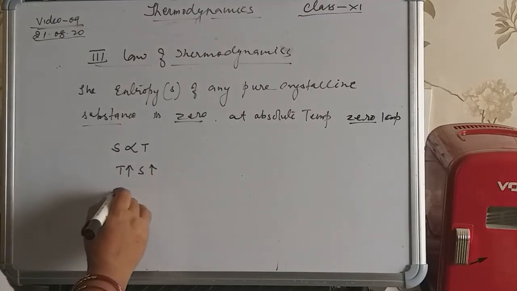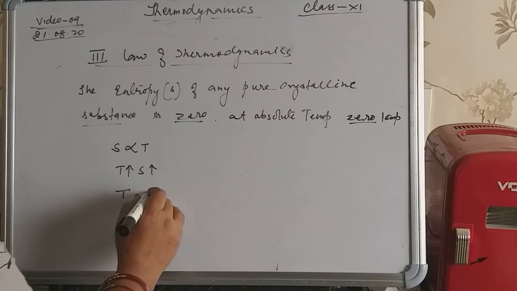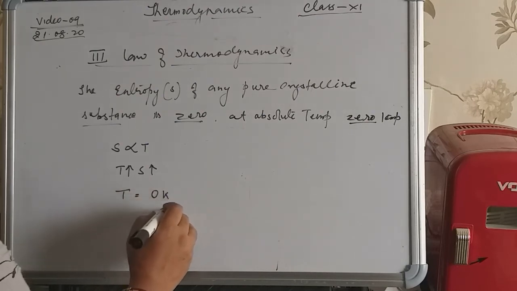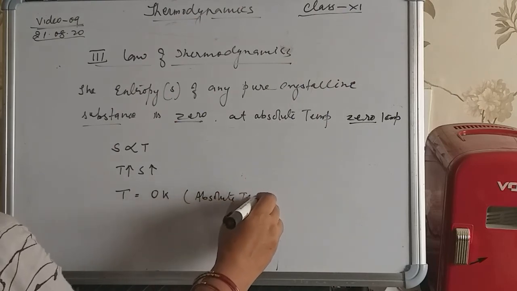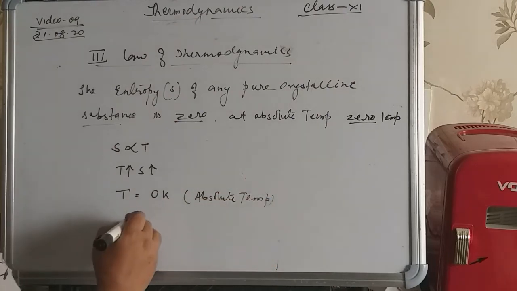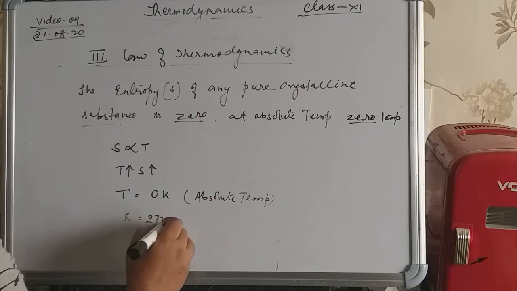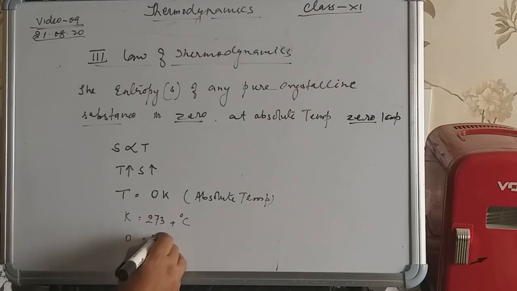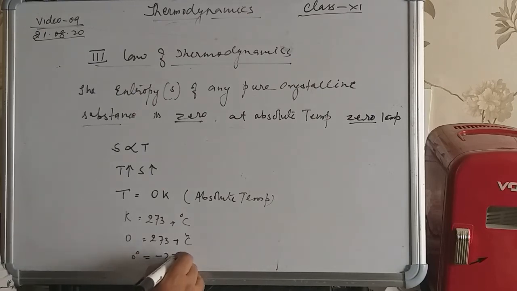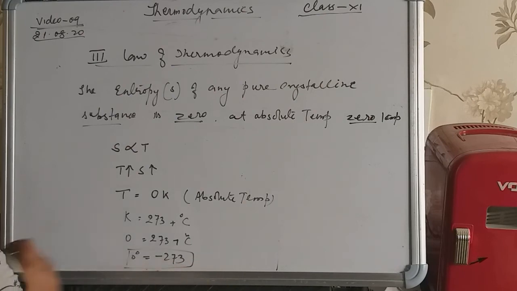In that condition, we should take temperature 0 Kelvin. It is called the absolute temperature. Kelvin is 273 plus degree Celsius, we know that. So 0 Kelvin means degree Celsius equals minus 273. In this way, we can describe the third law of thermodynamics.